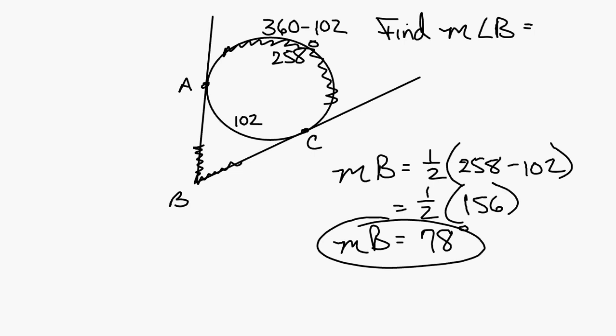The next way you'll see this problem, let's go with a circle, a secant, and a tangent. But the angle formed is outside the circle. So if the angle formed is outside the circle, then the formula stays the same. So let's say this is 40 and this is 80. And you need arc AC.